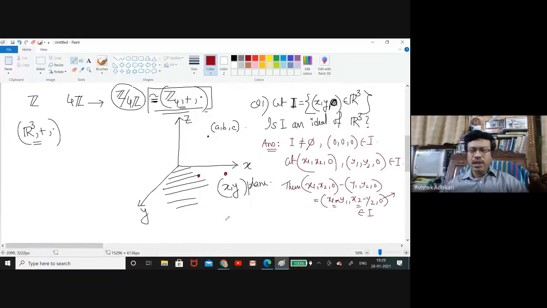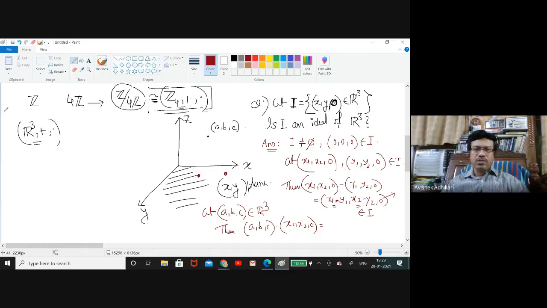Also, we need to check with any point from R3. Let (a, b, c) belong to R3. Then to check whether it's a left ideal, we need to multiply (a, b, c) with the point (x1, x2, 0). This is with the usual addition and multiplication of R3.